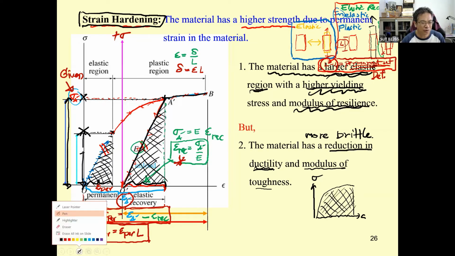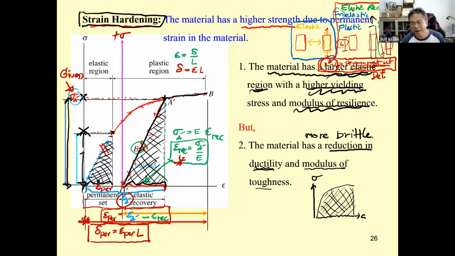Since you do the strain hardening, it's going to reach this area, and then the curve just changes into this new one. So by doing this, the area under the stress strain diagram is going to reduce. That's why the modulus of toughness is reduced.